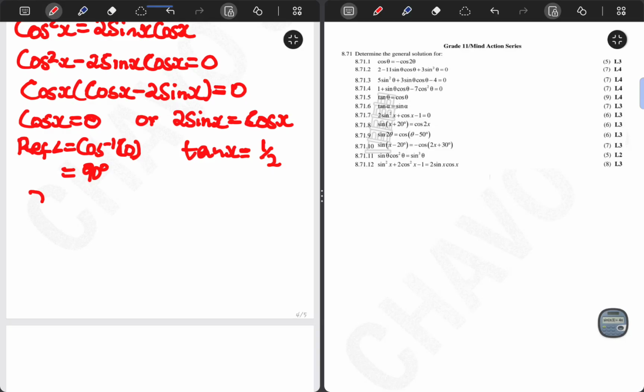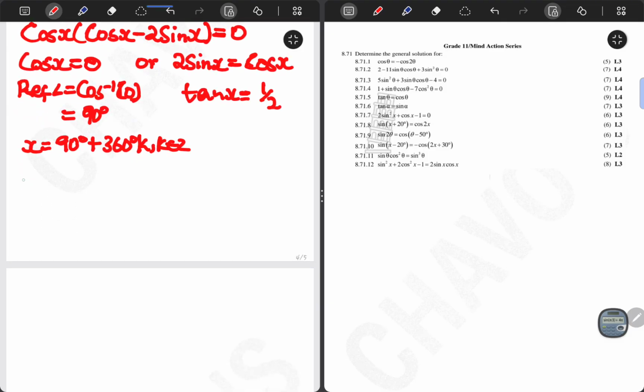So you're going to have x. Yes, now it's okay. x equals to 90 plus 360k, k element of integer. That's the first quadrant.